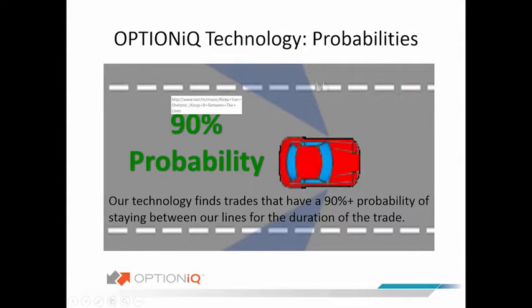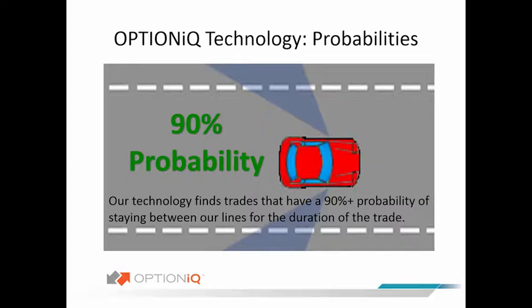So you've got 2 lines, one above and one below, and then you've got the car here in the middle, okay? And what you'll notice is next to it you see 90% probability. And then down in the bottom it says, our technology finds trades that have a 90% or greater probability of staying between our lines for the duration of the trade.